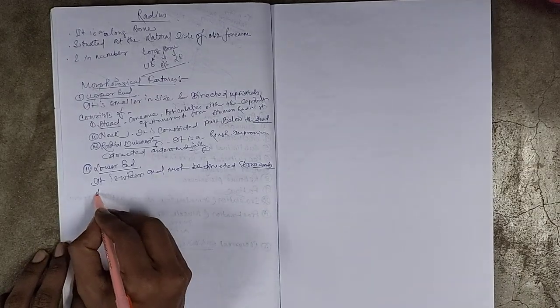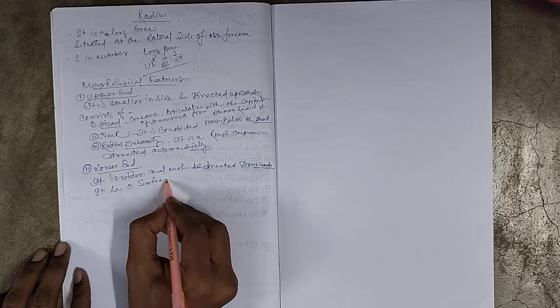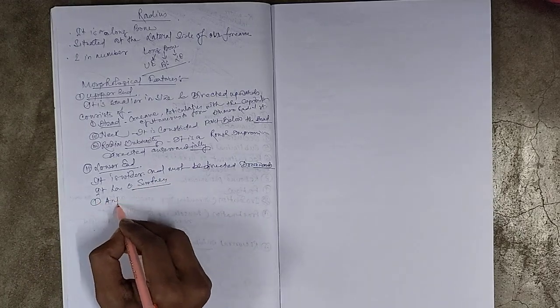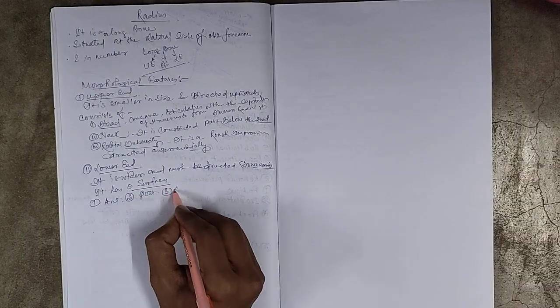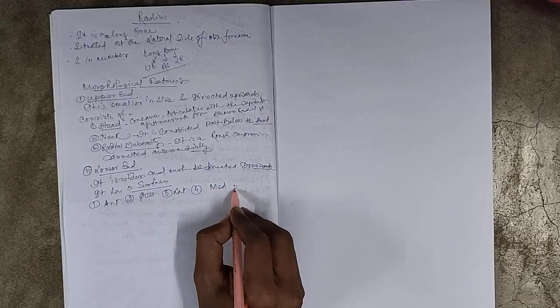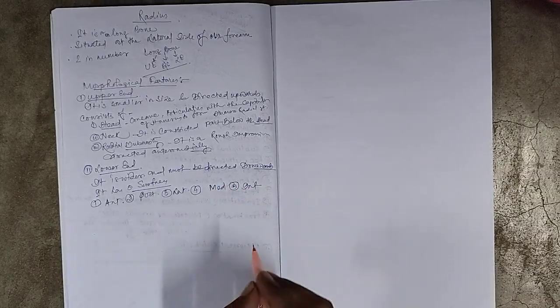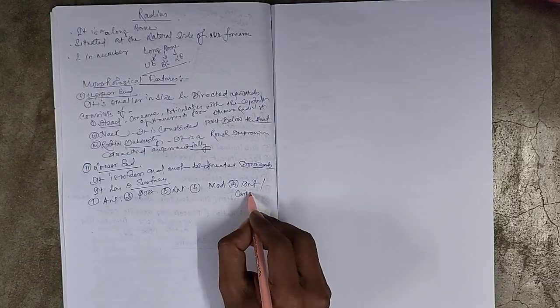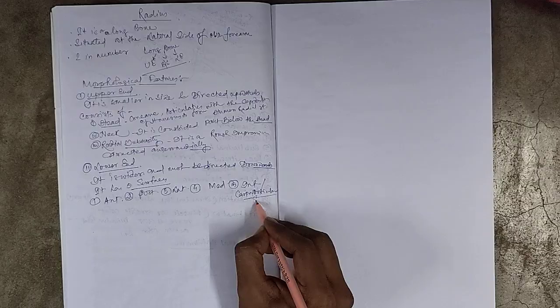And it has five surfaces. Number one, the anterior surface. Number two, the posterior surface. Number three, the lateral surface. Number four, the medial surface. Number five, the inferior surface or carpal articular surface.